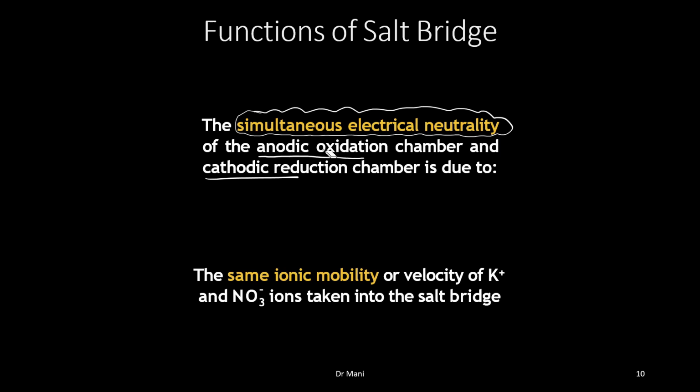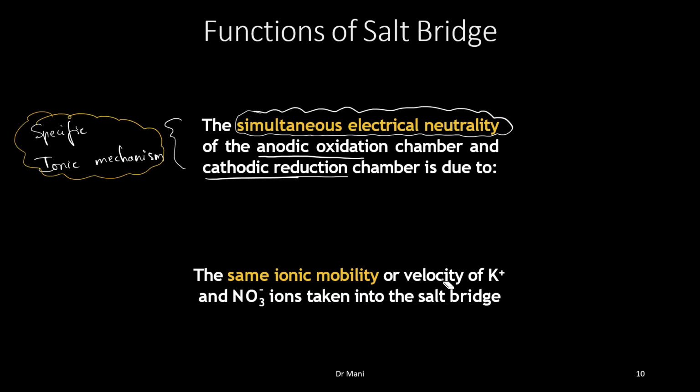Between these two, we need to maintain the neutrality. That neutrality is accomplished by a specific ionic mechanism, which is the same ionic mobility or velocity of K+ and NO3- ions taken in the salt bridge.